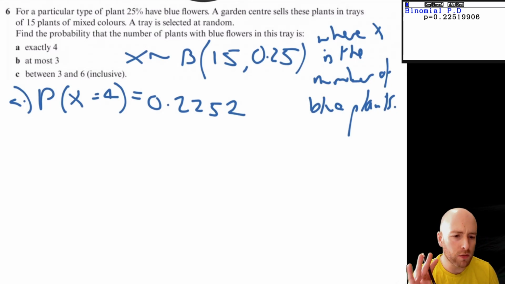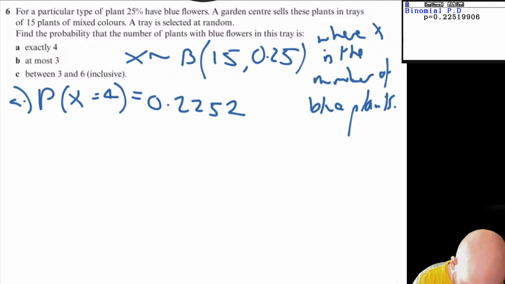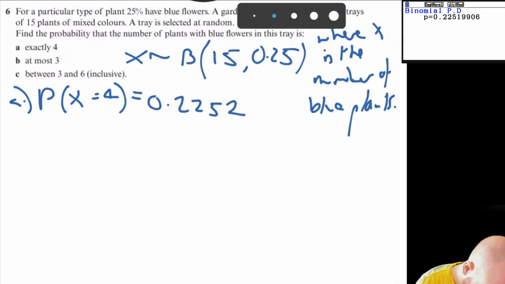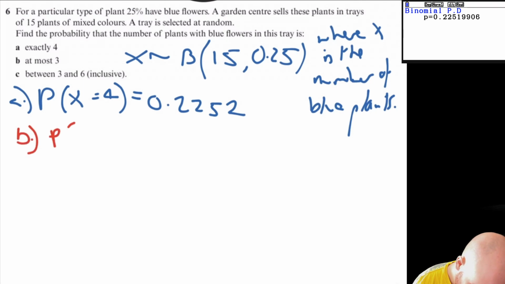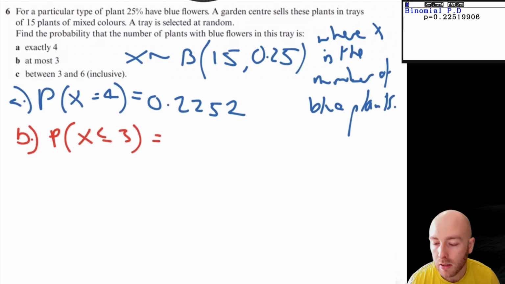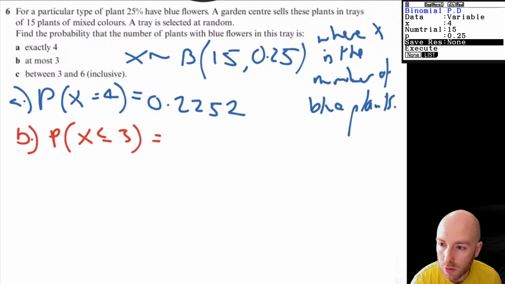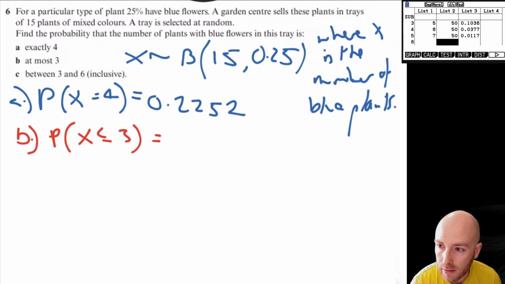Lucy, Karen, try and go to 4 decimal places, which is the standard for these. Okay, at most 3. At most means less than or equal to 3 because we're allowed to have 3 included. So we do need a cumulative distribution this time. So we go back, distribution, binomial BCD.